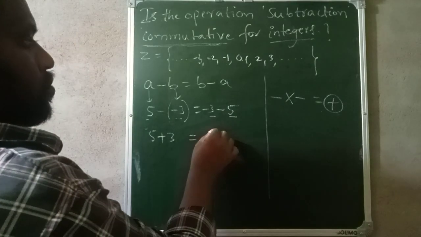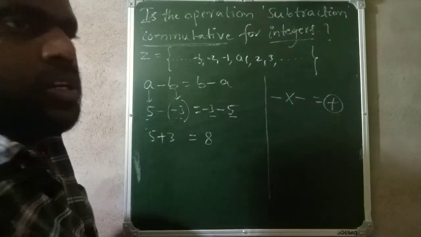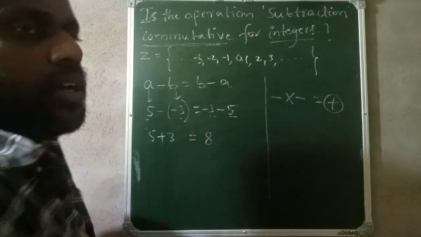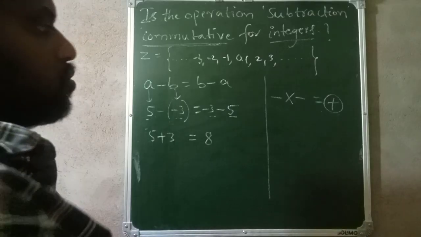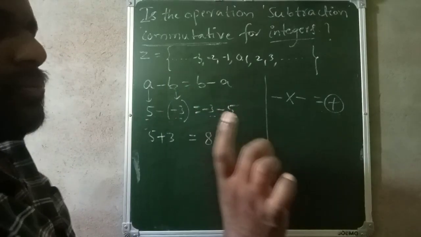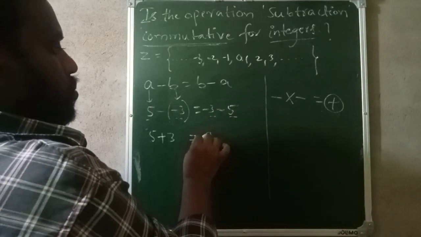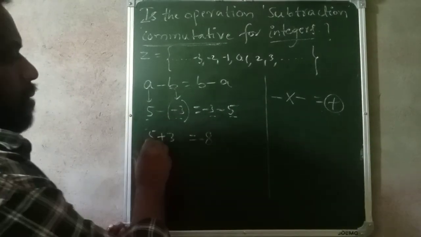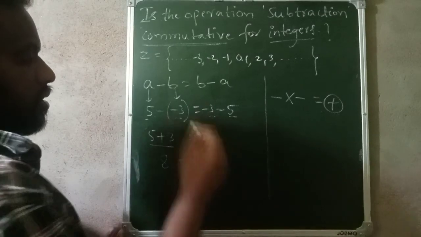Now which sign do we put? Consider the bigger number. 5 is bigger than 3, and the sign in front of 5 is minus. So keep this minus here.